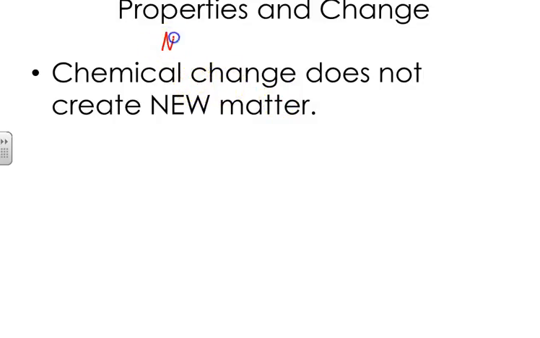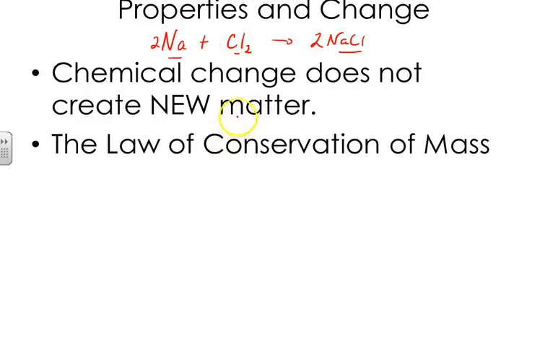Whenever we have, as an example, sodium plus chlorine yields sodium chloride, we have sodium and chlorine here, and we have sodium and chlorine here. The chemical change does not create new matter. The law of conservation of mass says that for every atom of an element during a chemical change, we have to be able to locate it before and after the change.